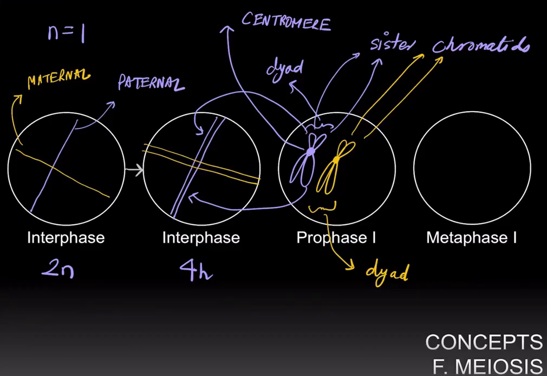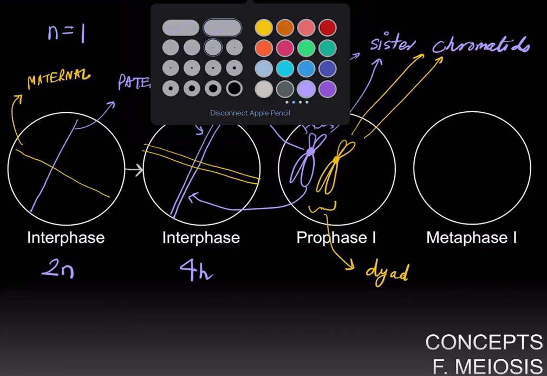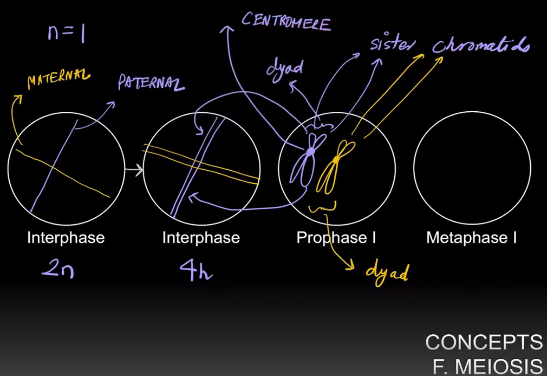Now the 2 dyads are not floating around freely. In fact, in prophase 1, the 2 dyads are attached to each other through a complex of proteins called the synaptonemal complex.